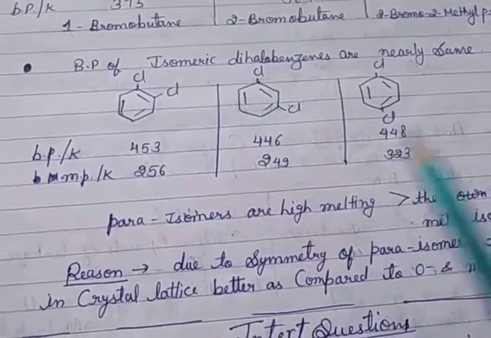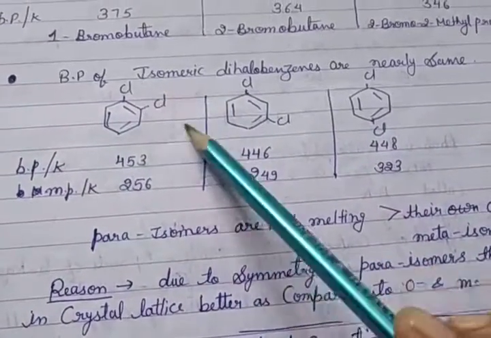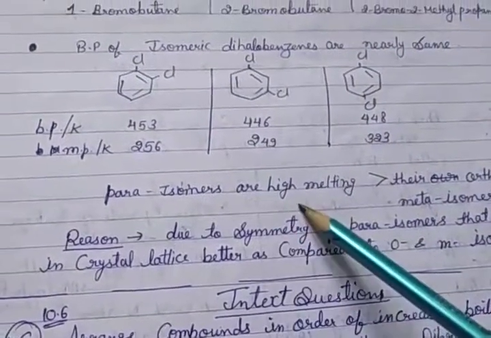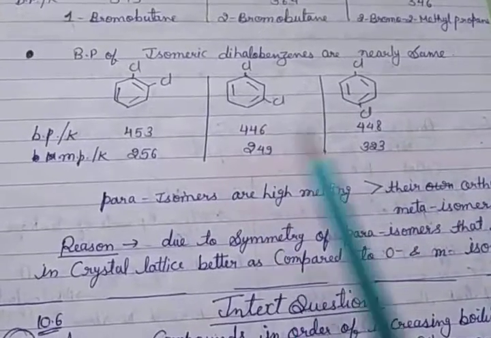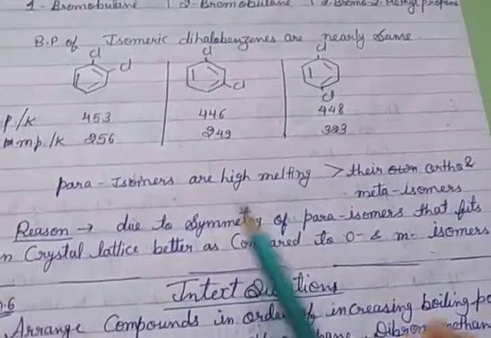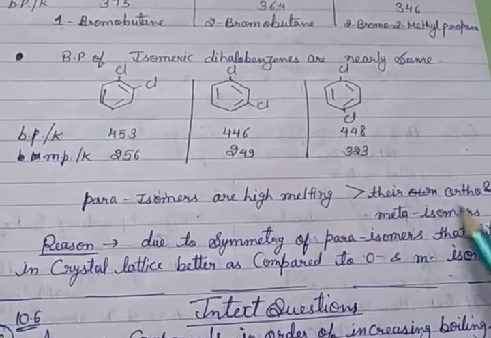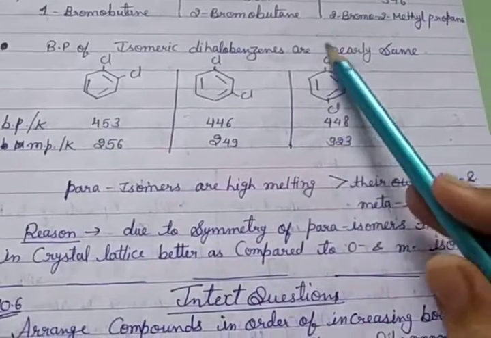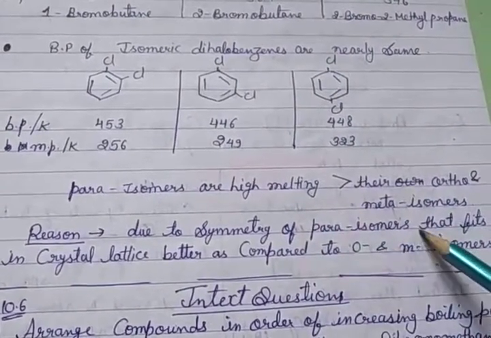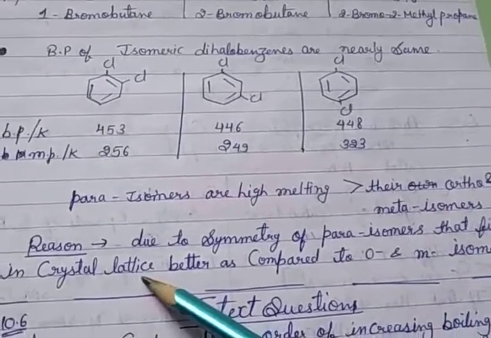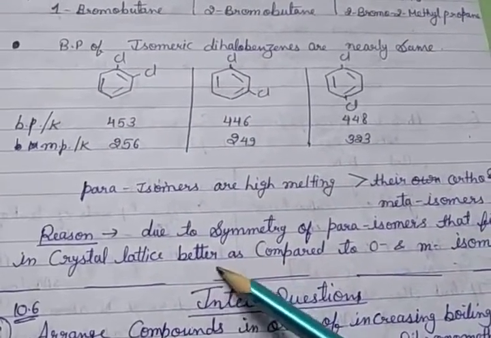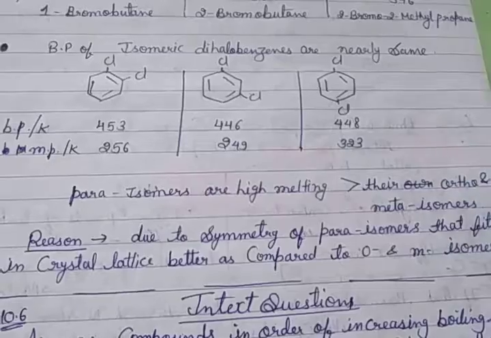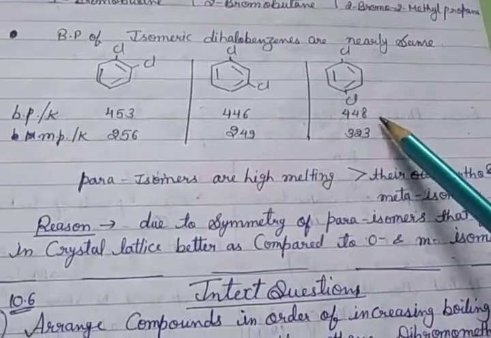So the boiling points are approximately the same, because the dihalogens are attached to benzene. But para isomers have higher melting points than ortho and meta. The reason is that when the halogens are attached in the para position, the arrangement is symmetrical, so the para isomers fit better in the crystal lattice compared to the ortho and meta isomers. Reason: symmetry. So para isomers are high melting.